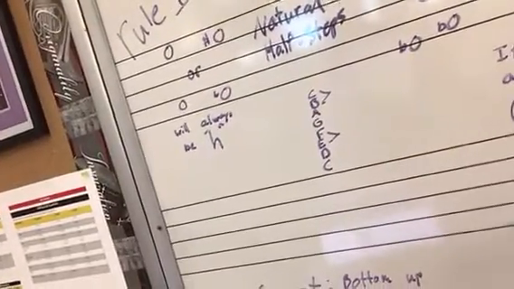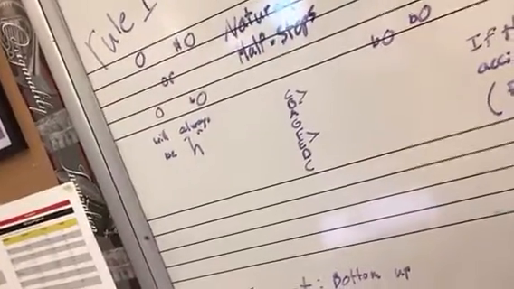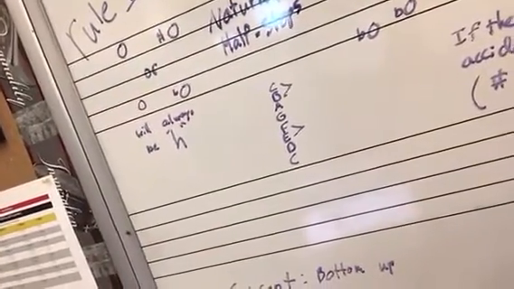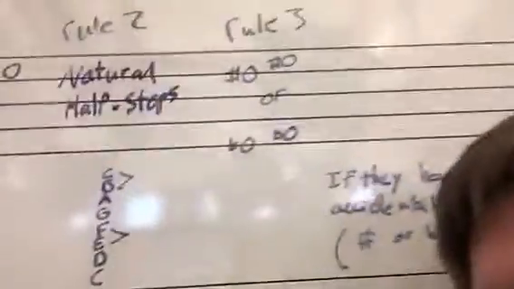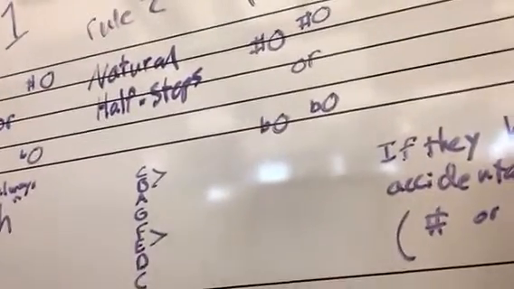So for instance, if you have a C and C sharp, half step. If you have an E and E flat, half step. No matter what it is, they're going to be half steps away if there's one accidental and they share the same letter name.